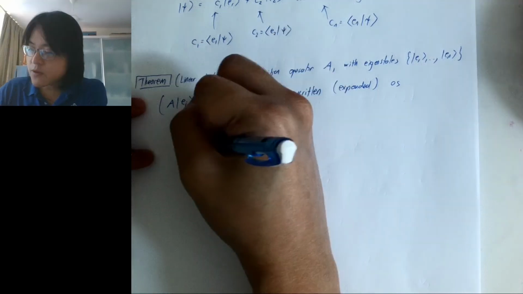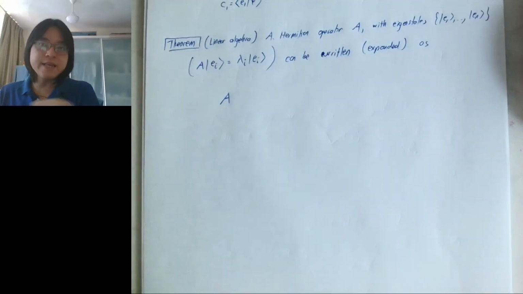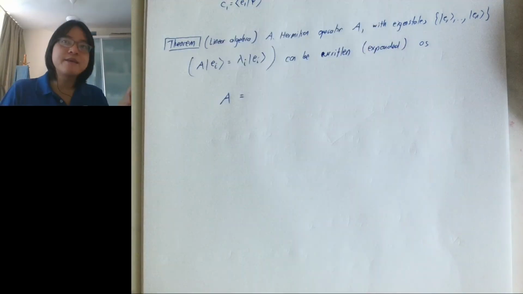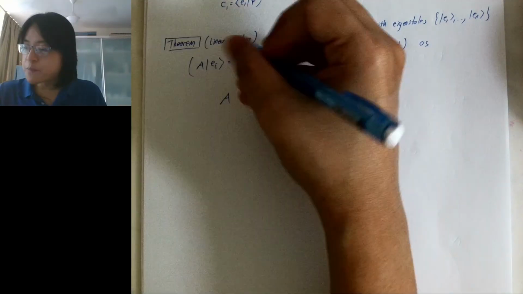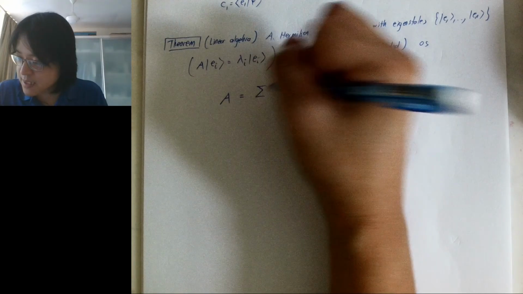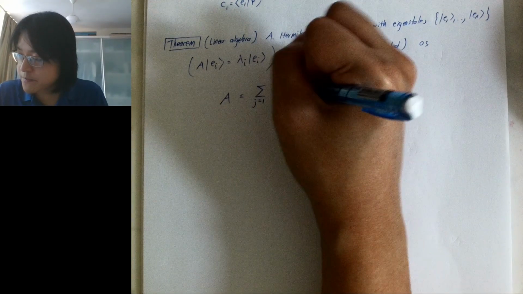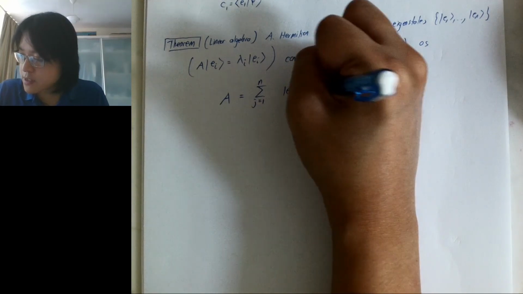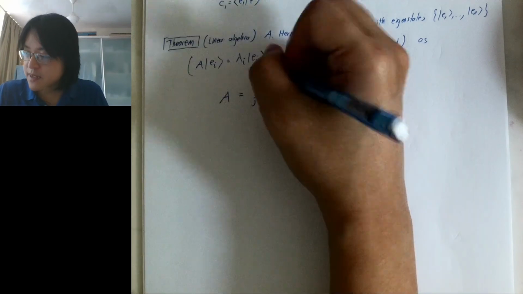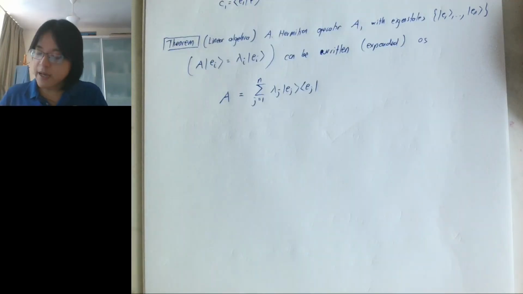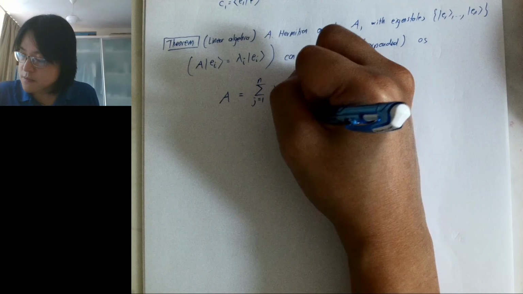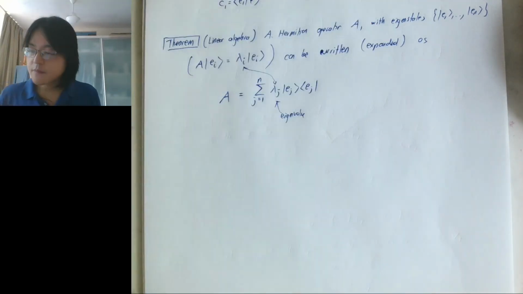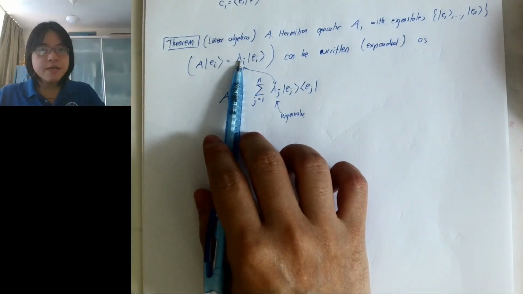An operator is something that eats a vector and spits out another vector, and I told you that the ket-bra can be written as an operator as well. In fact, A is a sum of ket-bras, j from 1 to n, of Ej, the ket-bra of the corresponding states, times the eigenvalue. So lambda 1, lambda 2, lambda 3 here.